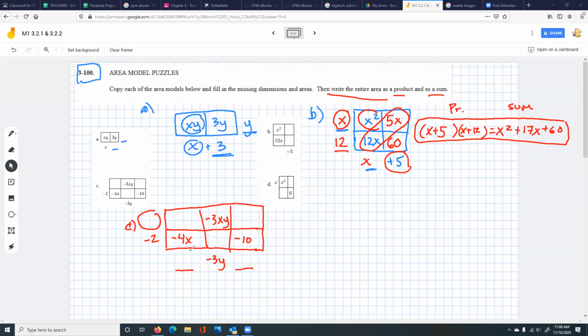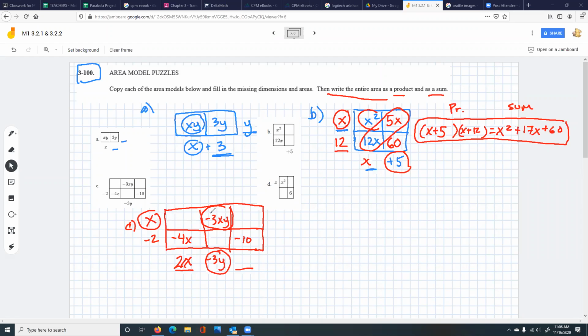We'll start here. It's kind of like Sudoku, if you ever played Sudoku. What's -2 times what equals -4x? We're going to have to multiply by 2x, because -2 times +2 gives us -4 and then an x. We don't know what goes here yet, but we can figure out what goes here by looking at this. We have a -3y here. What would I multiply -3y by to get -3xy? That would just be an x.